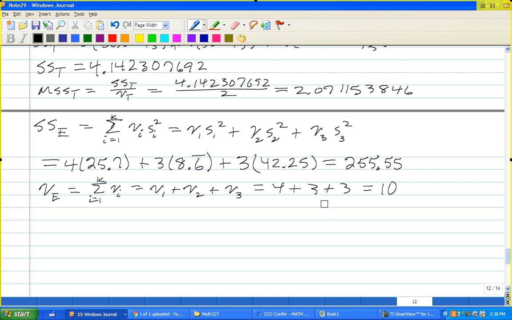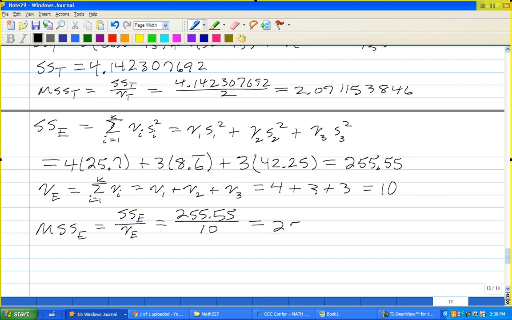And so, these aren't too bad. And so I have that the mean sum of squares for my error is 255.55 over 10, 25.555.